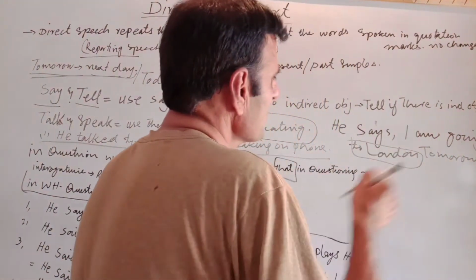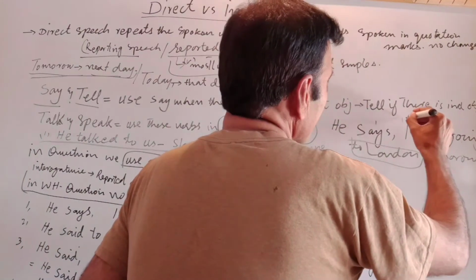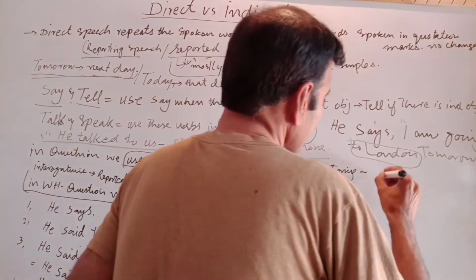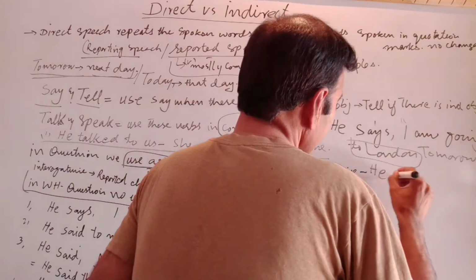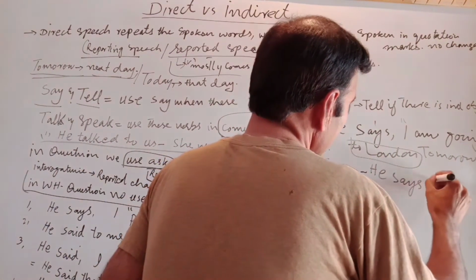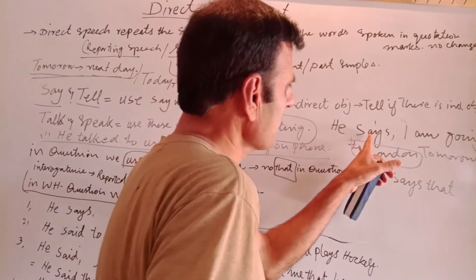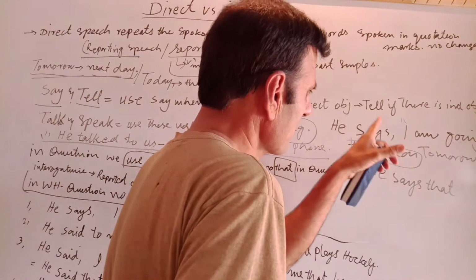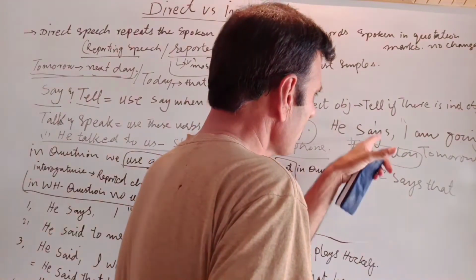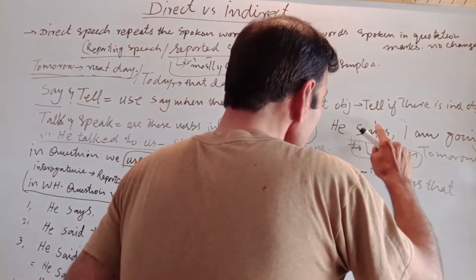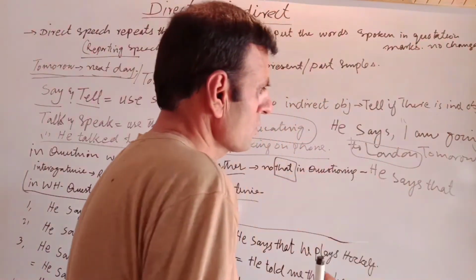Now, how do we change this into indirect speech? He says that. Now we use says because there is no indirect object. If there were an indirect object, we would change says into tell. There is no indirect object.